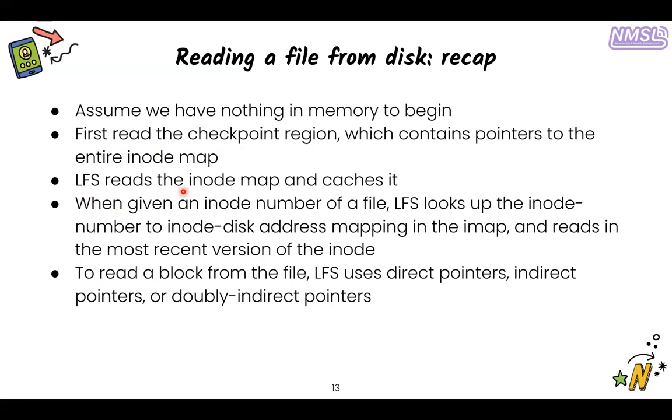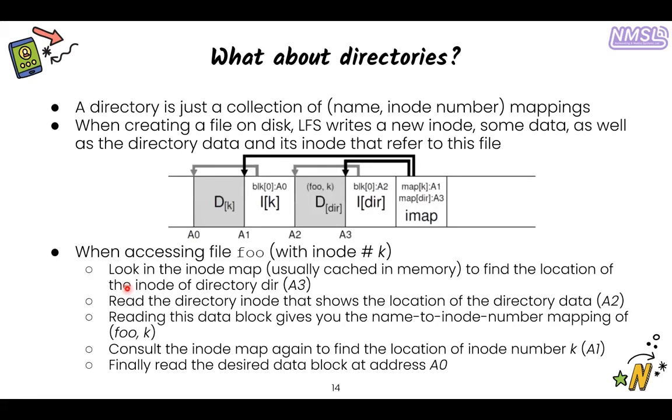Then when given an inode number, it looks up the translation, the inode number to the disk address in the IMAP, and reads the most recent version of the inode. So the checkpoint tells you where the IMAP is, and the IMAP tells you where the inode is. Then you read a block from the file, using whatever pointer is necessary. So that's reading a file.